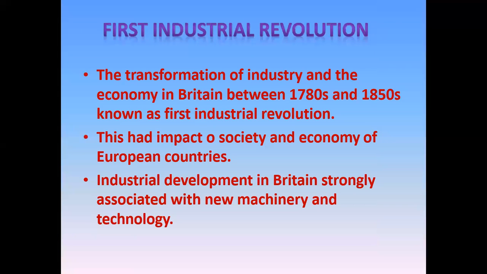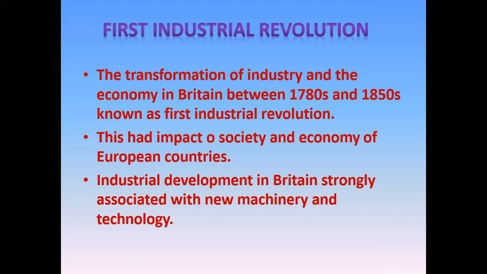Later, similar changes occurred in European countries and in the USA. These were to have a major impact on the society and the economy of those countries and also the rest of the world.